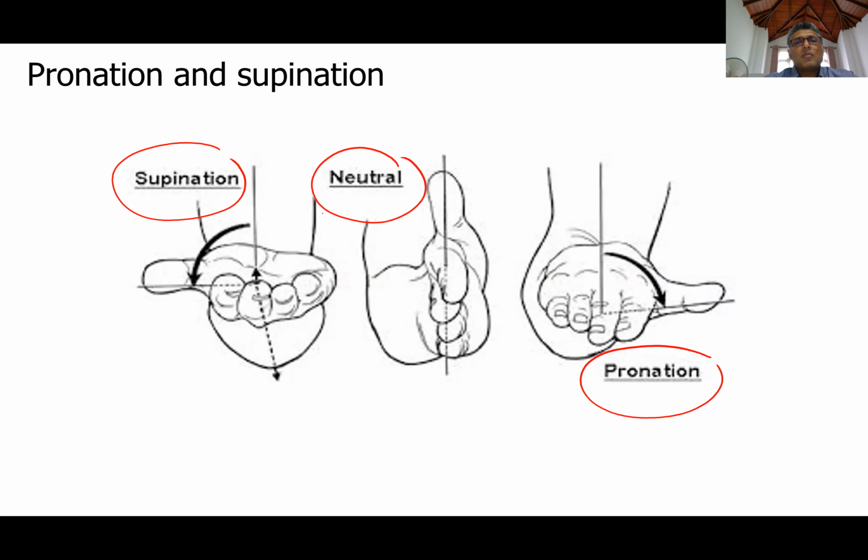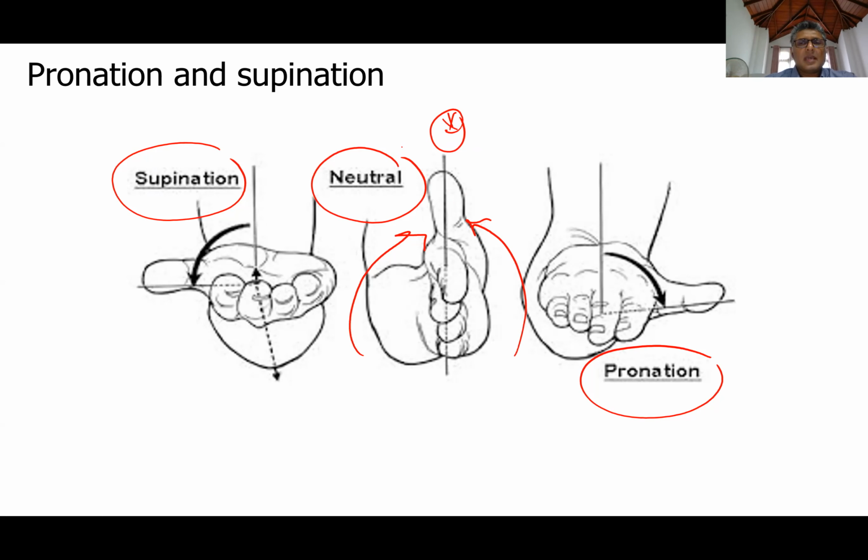As we said before, the brachioradialis is helping to bring it either this way or that way, not beyond that. So that is the best position for the brachioradialis to flex the elbow joint. This is the strongest position of the brachioradialis to flex the elbow joint, the mid position or neutral position of the forearm.